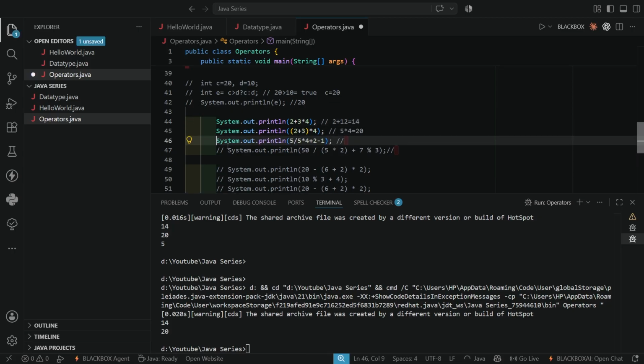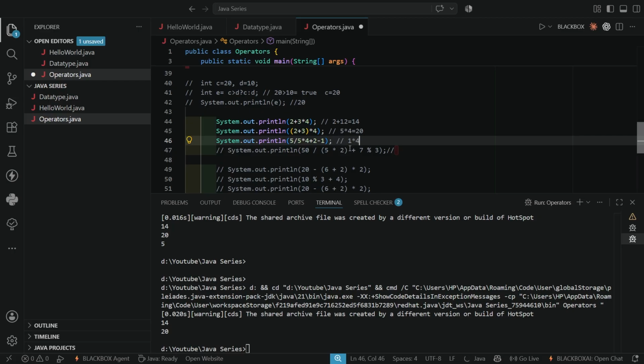And next, just look at the expression. Here we have division, multiplication, addition and subtraction. Here we do not have parentheses or unary operators. So the next priority goes to division and multiplication. What is 5 divided by 5? It will return a quotient, so 5 divided by 5 is 1.